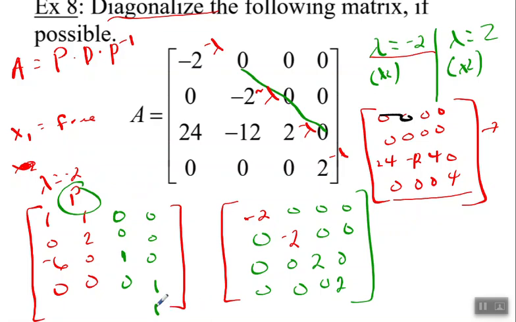And there's my D. And I'm just going to say times P inverse, right? We already have P. We can use our calculator to find P inverse. And that is now diagonalizing that. And you throw that in, P times D times P inverse, it's going to give you back A. Okay? So I did get out 2 eigenvectors for each eigenvalue that I had.